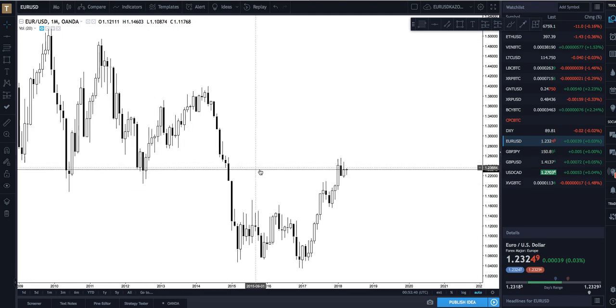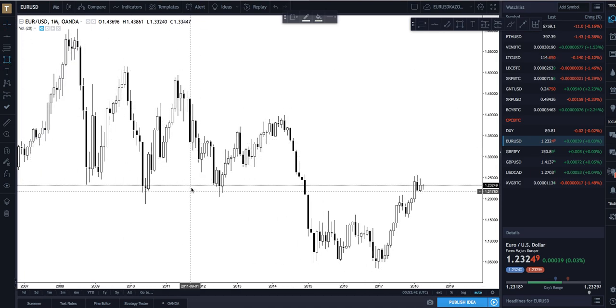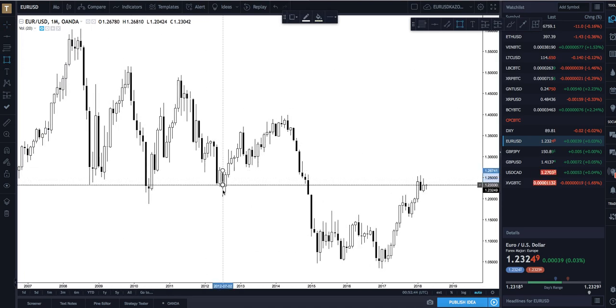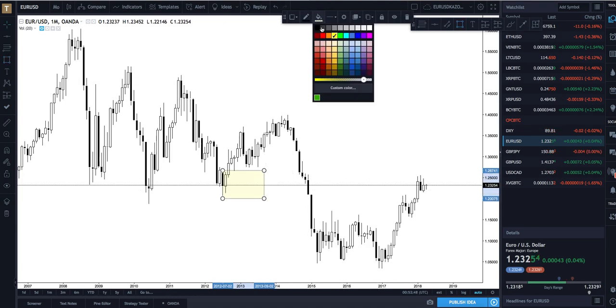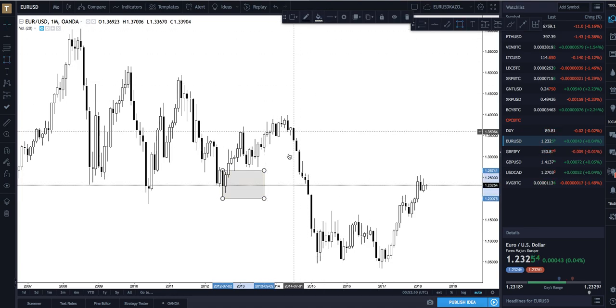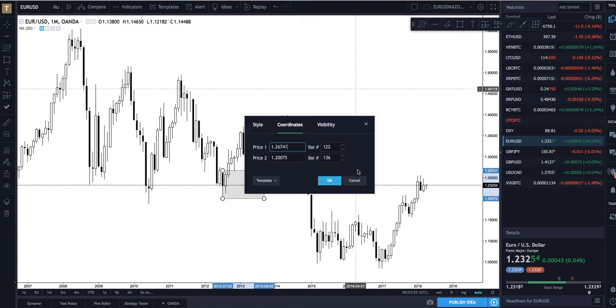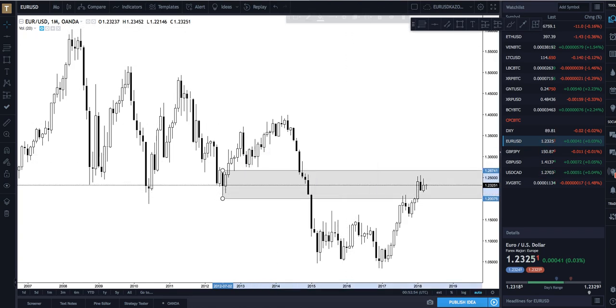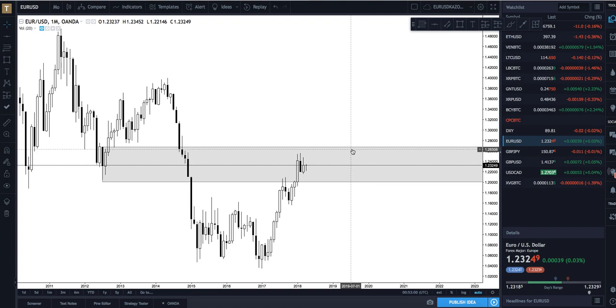A monthly order block, right? Right, a monthly order block. Where are we within this monthly order block? Looks like probably right about the 50% right now.